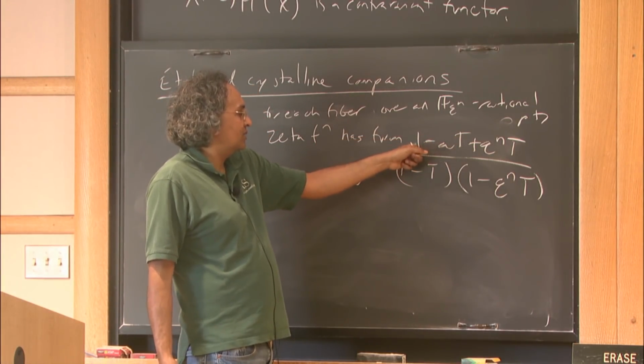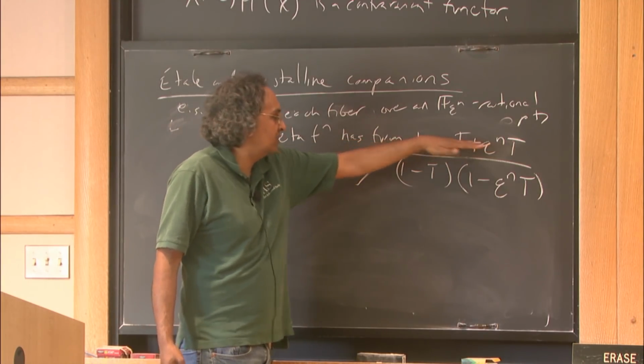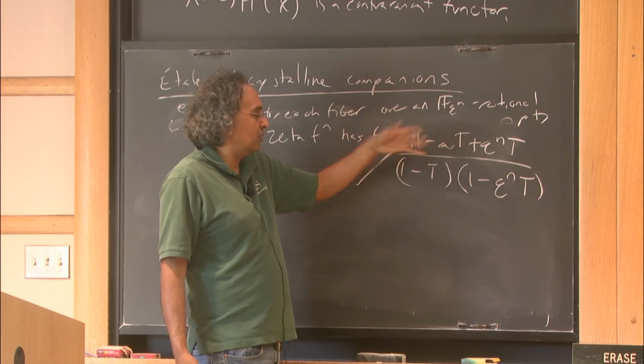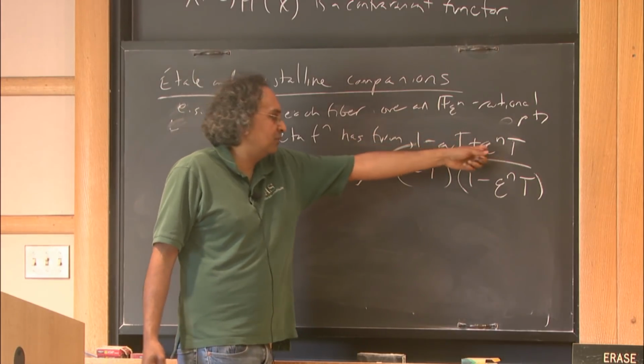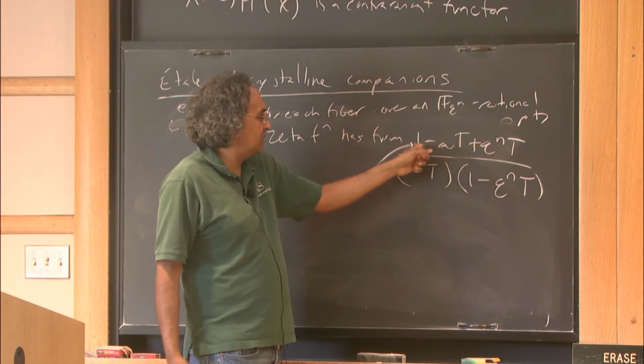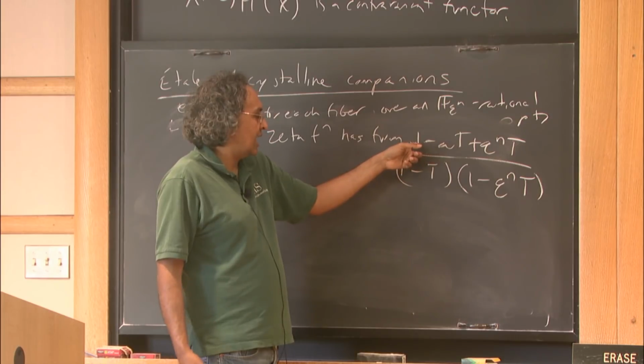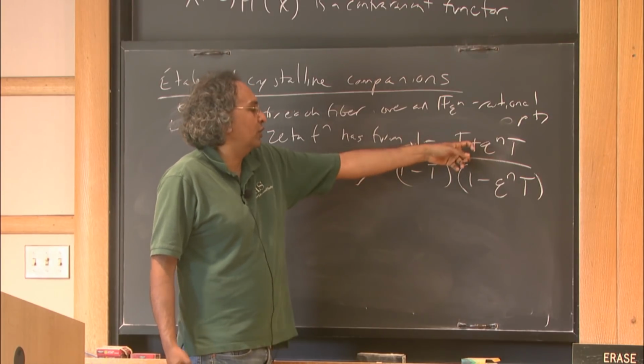Well, I already told you what their Archimedean absolute values are. If you take roots of this in the complex numbers, you get two roots whose absolute values are q to the minus n over 2. It's also easy to see, because this is only divisible by p, that the l-adic absolute values of this are going to be trivial whenever l is not p.